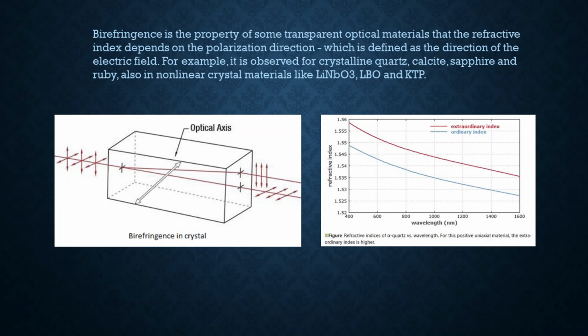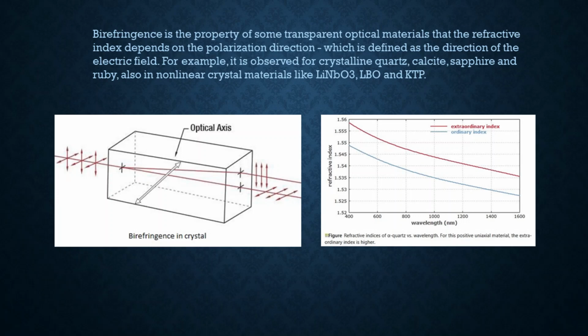When a ray is incident on these crystals, the rays are getting refracted into two rays, one of which obeys the laws of refraction, that is Snell's law, which is called the ordinary ray or O ray, and the other ray doesn't obey the laws of refraction, that is, it doesn't obey Snell's law, and it is called the extraordinary ray.